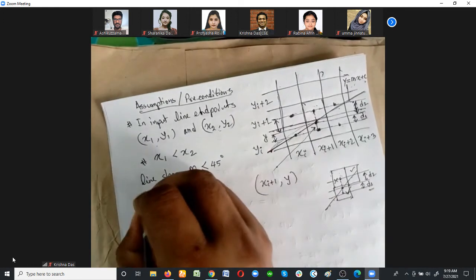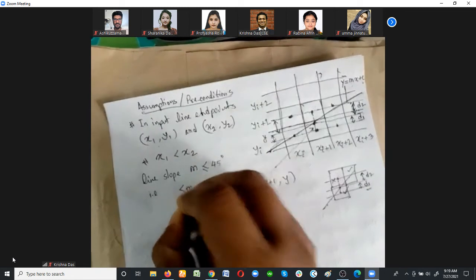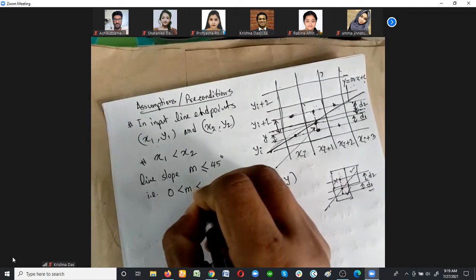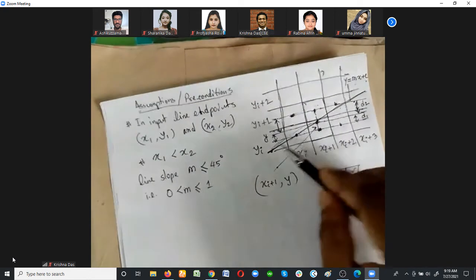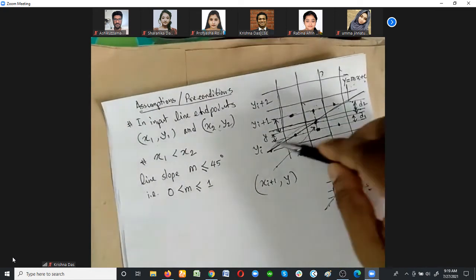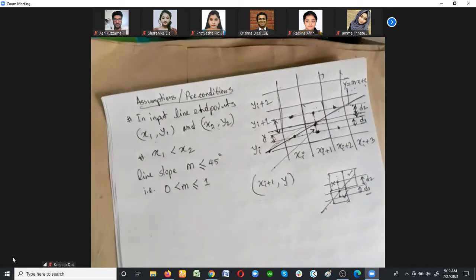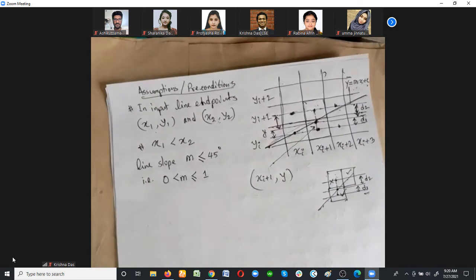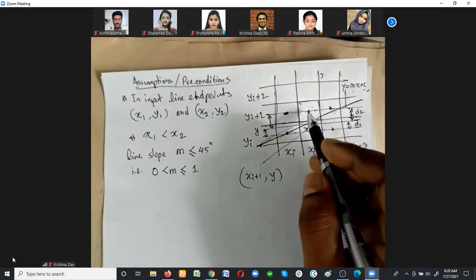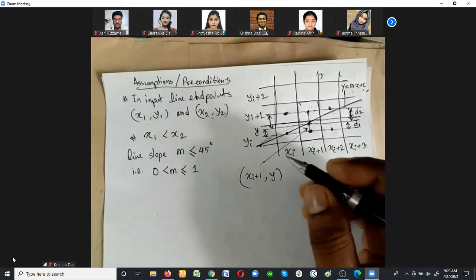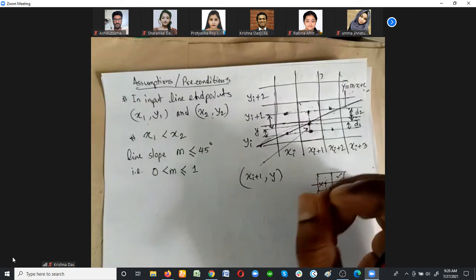That means m should be greater than 0 but less than or equal to 1, not more than 1. So the line should be aligned like this way, not like this one. If you go for a line like this one, then your formula will be changed. So we are considering at this moment those types of lines which have either 45 degrees or less than 45 degrees. Do you get my point?